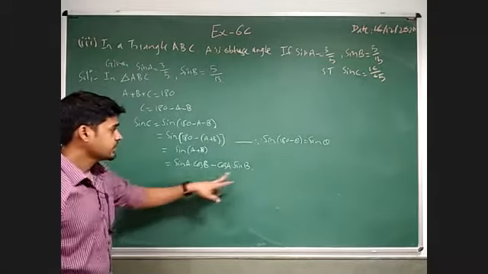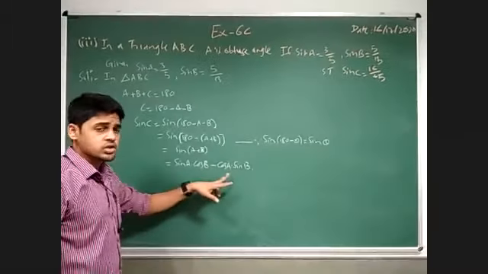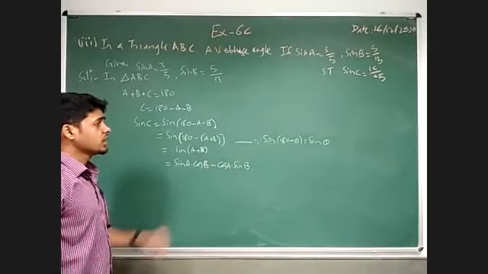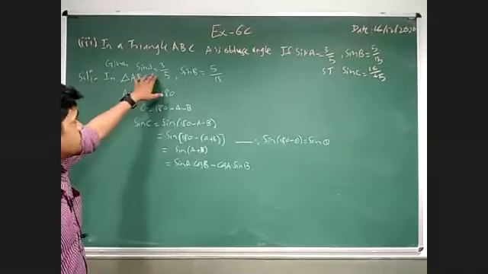Okay, cos A and cos B are not given, so I have to find cos A and cos B with the help of sin A and sin B.